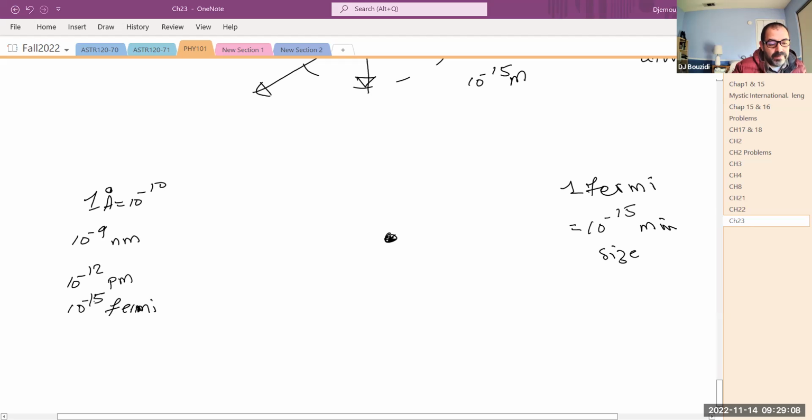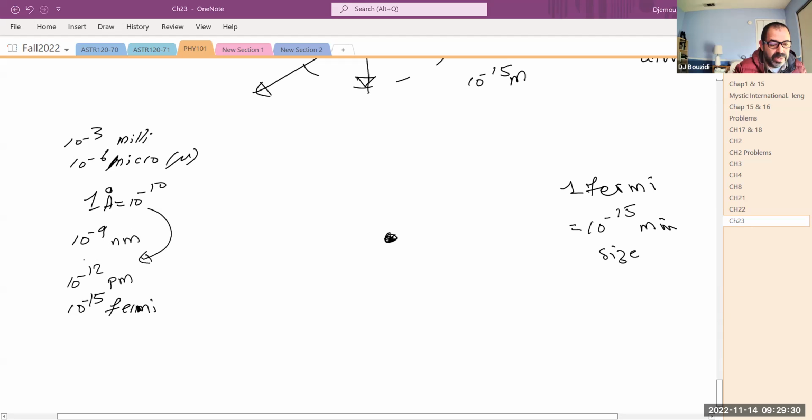So again, 10 to the negative 6, of course, is a micro, and we use the symbol mu. And then 10 to the negative 3, of course, is a milli. So these are some of the small sizes. So 10 to the negative 10 sits actually in between here.